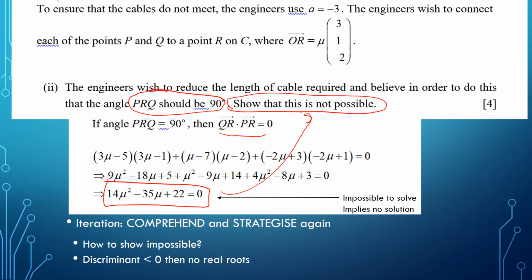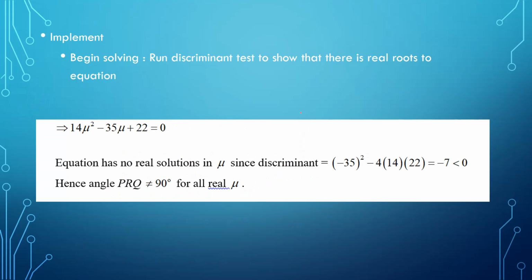Discriminant must be smaller than 0. So you need to activate your secondary school skills here. So now you run what you have strategized and run a discriminant test, and then show that the discriminant actually is negative. Hence, you can conclude that angle PRQ cannot be equal to 90 degrees.